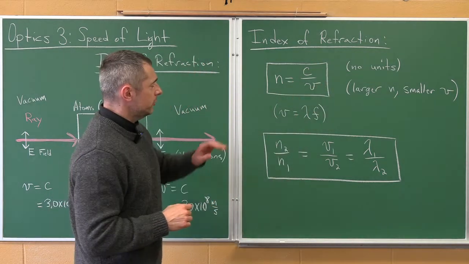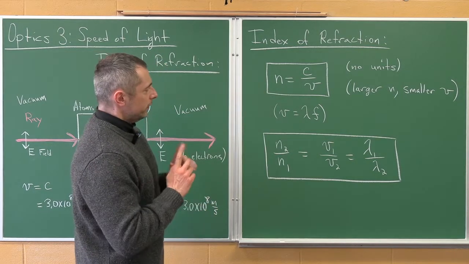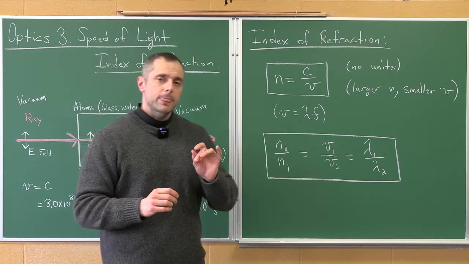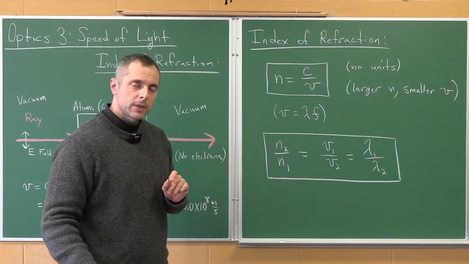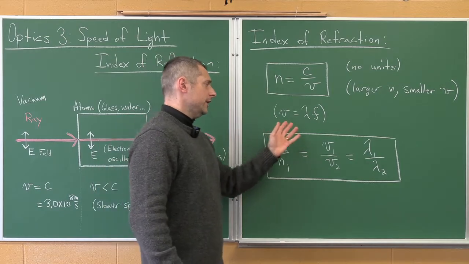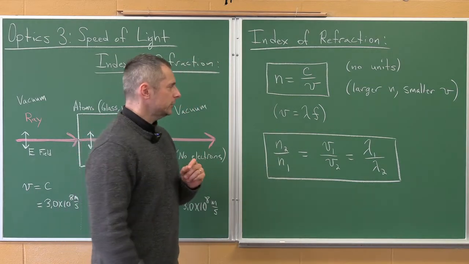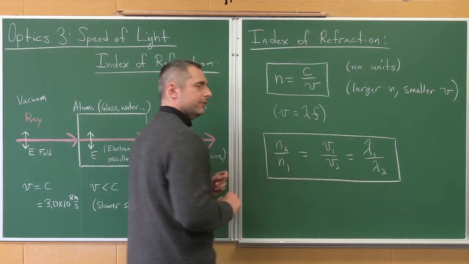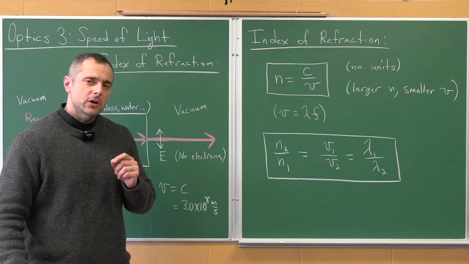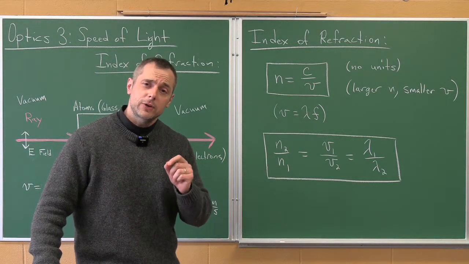Now this formula is on the reference table. I'm going to show you where it is in a minute. But first, I want to point out, if the speed is decreasing in a substance, something on the other side of this basic wave formula has to also change. This got smaller, so one or both of these would have to get smaller. And it turns out that it's the wavelength that gets smaller, not the frequency.